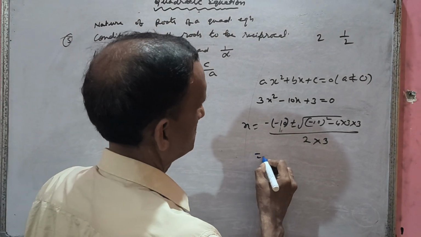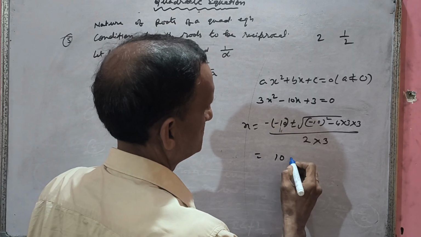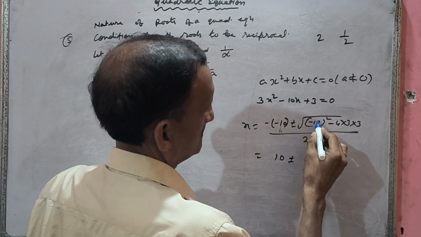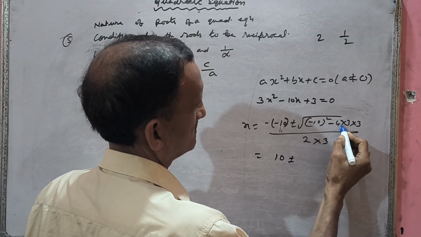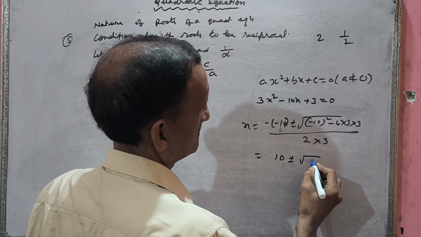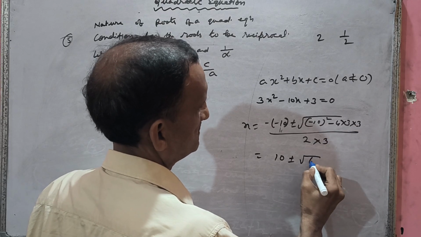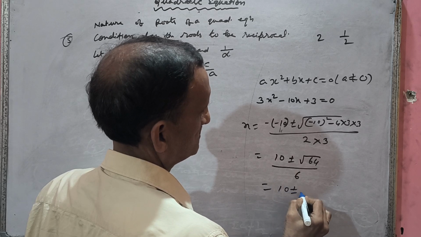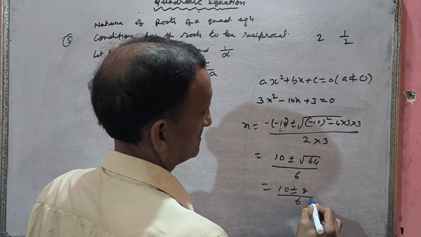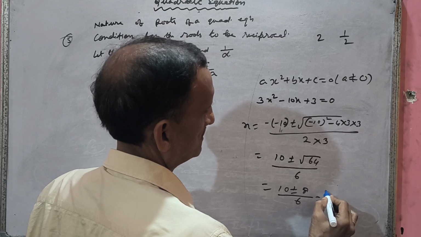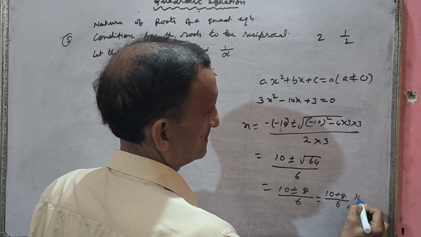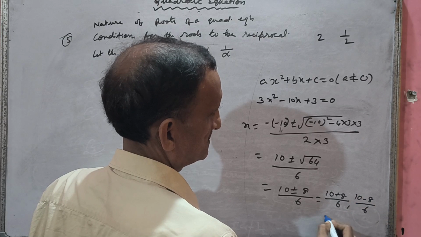So how much will you get? 10 plus minus what will be here? 100 minus 36, that is 64, by 6. So 10 plus minus 8 by 6. You can separate positive and negative: 10 plus 8 by 6, 10 minus 8 by 6.